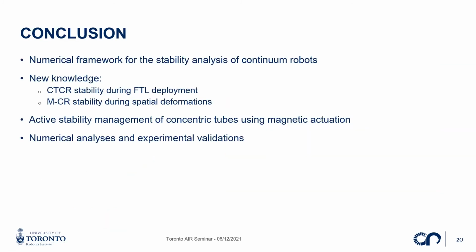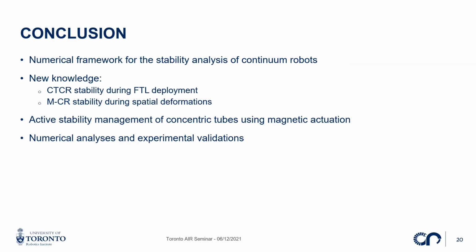Yeah, so that's all for the results. So as a conclusion, in this work, we propose a numerical framework for the stability analysis of continuum robots. And this framework allowed us to obtain new knowledge on the stability of concentric tube continuum robots during follow-the-leader deployments and the stability of magnetic continuum robots.